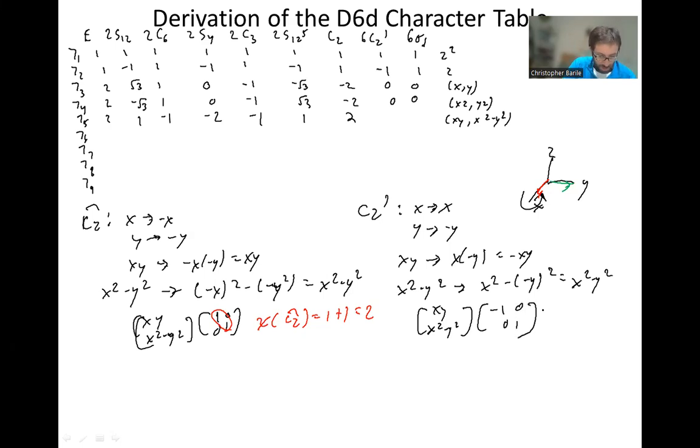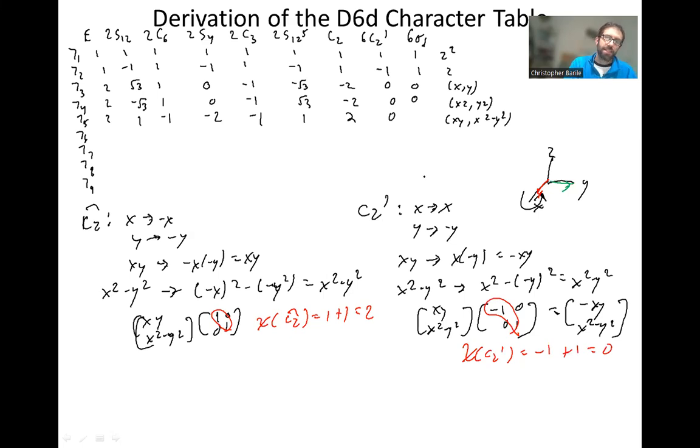And just for completeness, writing this out, when you take the trace of the matrix, you get negative 1 plus 1, which is equal to 0.